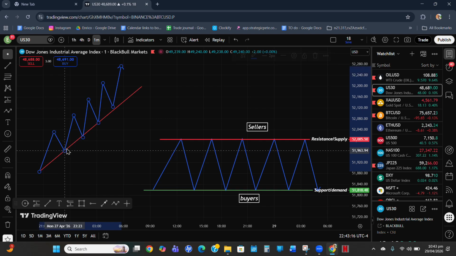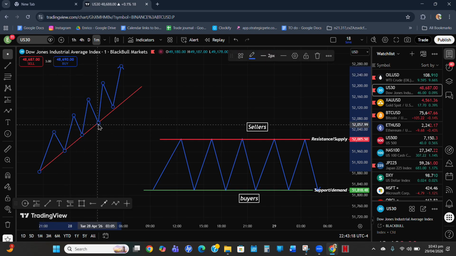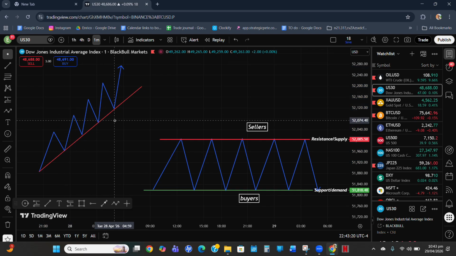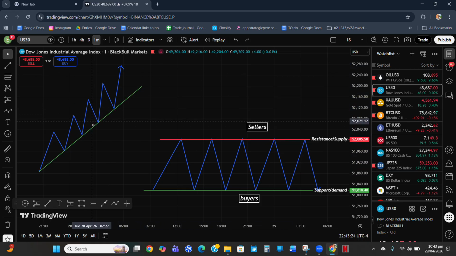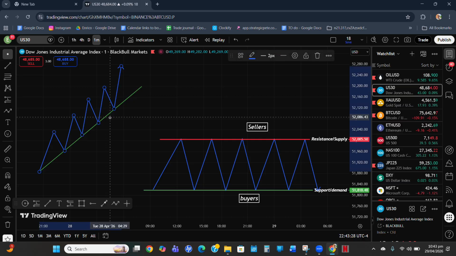Let me just make this a line as well. Funny enough, this is our support, right? So this green line is actually our support. Remember here we have our support where buyers are, but this is our support as well.